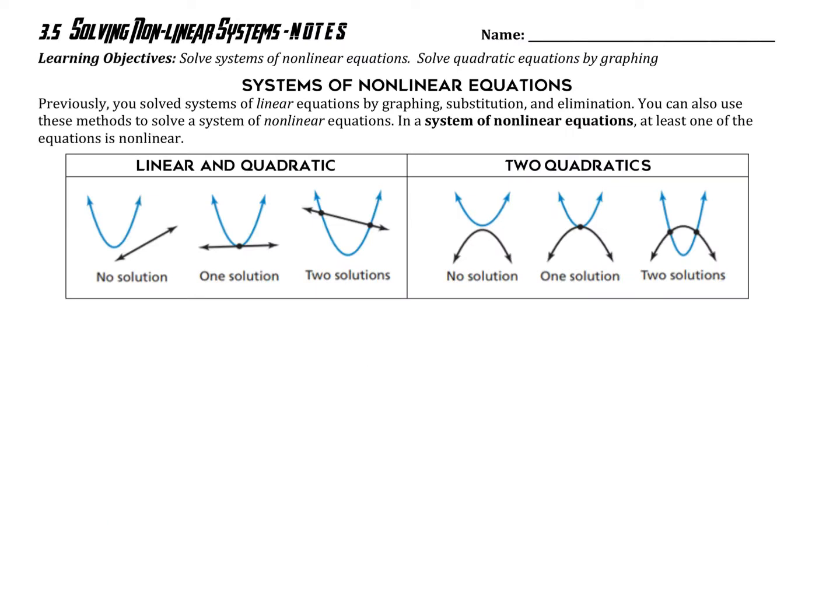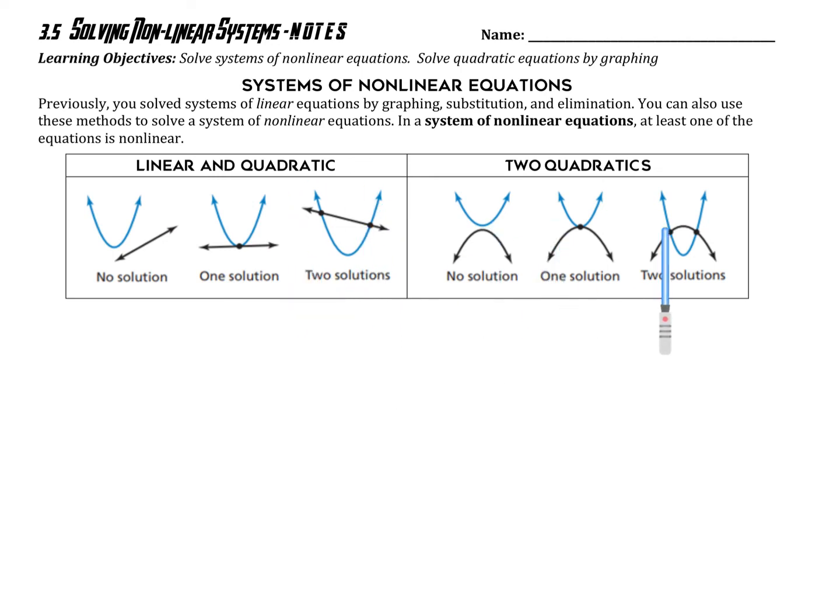So in previous classes, we've talked about nonlinear systems a little bit in Algebra 1, and we focused on the idea of a quadratic and a line, which we're going to revisit today. But it's possible that if we have a quadratic and a line, they don't ever cross. That would mean there's no solution. If they cross once, that would mean there's one solution. Or if they cross twice, that would mean there's two solutions.